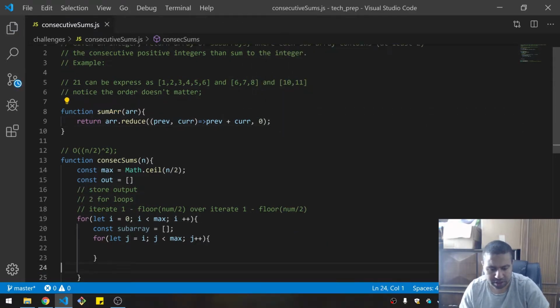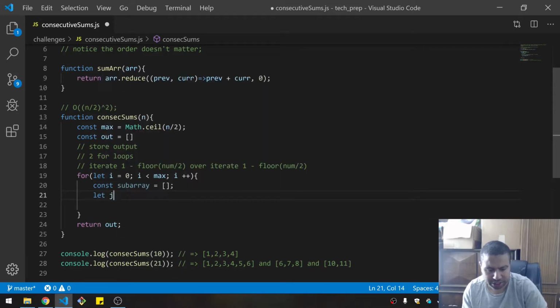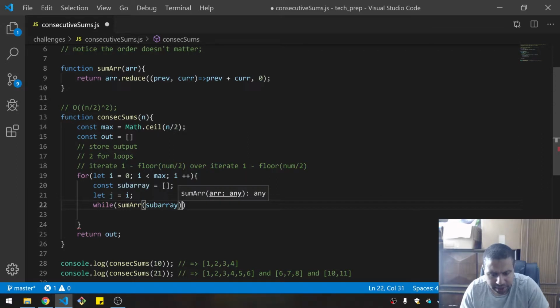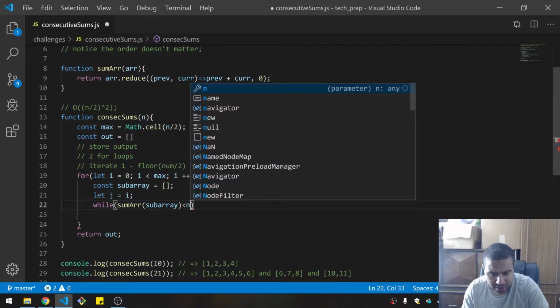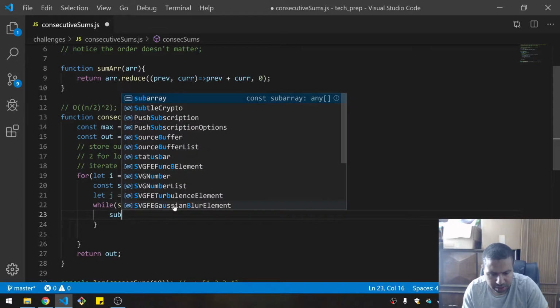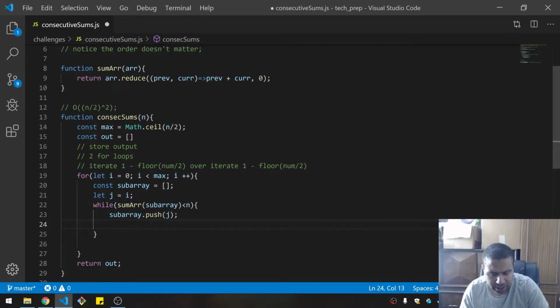All right, so actually I want to say let j equal i, while sum of subarray is less than n, we are going to append subarray push j and then j plus plus.